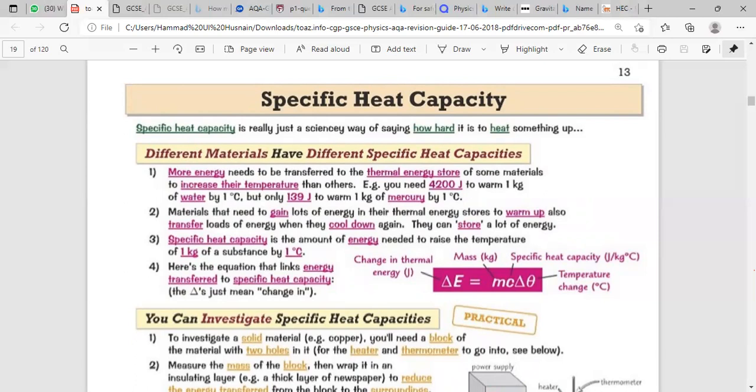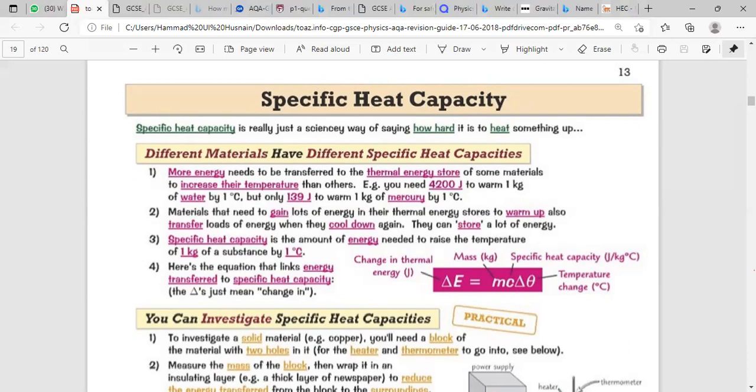Okay, so moving towards the first point: more energy needs to be transferred to the thermal energy stores of some materials to increase their temperature than of others. As I have told you, we need different amounts of energy for different materials to raise their temperature by 1 degree centigrade.